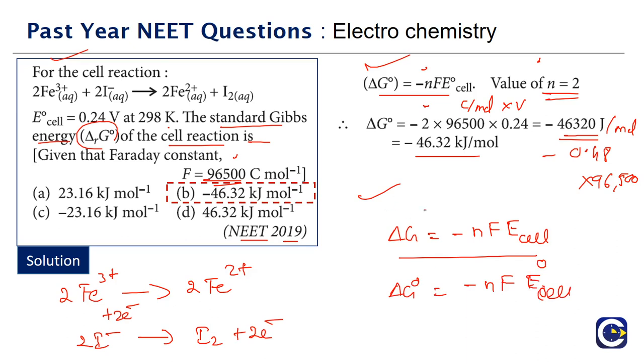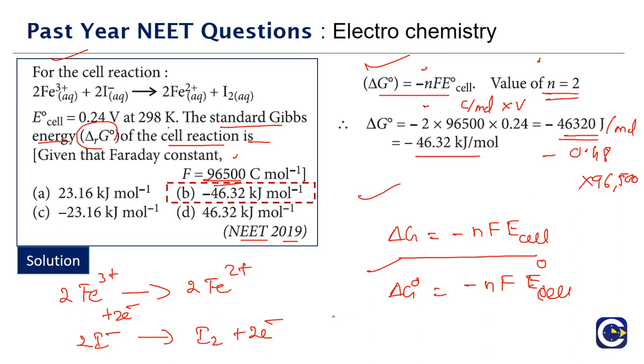So at any condition, ΔG is equal to minus nF E cell. Standard conditions means both the Gibbs free energy and E cell will be at standard conditions. So generally when we represent this notation naught, it means we are looking at the standard conditions.